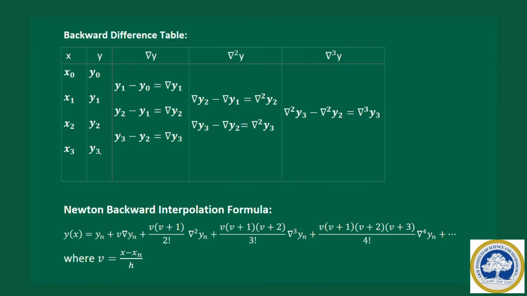See here we are ending with the last data as y3. So here the last values are del y3, del square y3, del cube y3. In the forward difference table, all the top values will be delta y0, delta square y0 and delta cube y0. So it's enough to have a common difference table for both forward formula as well as backward formula.